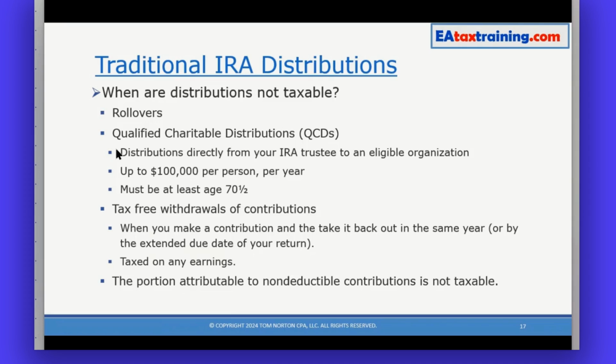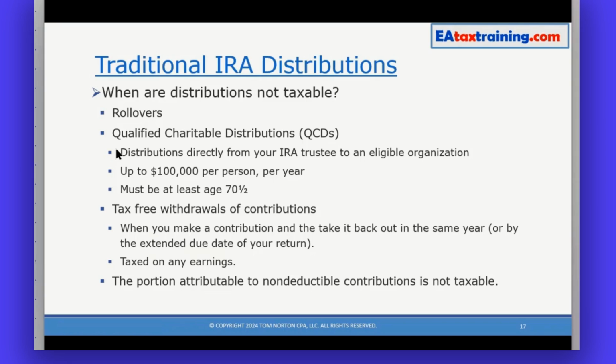So normally what you would do if you didn't have this opportunity and you wanted to give money to a charity, you would take a distribution from your IRA. Of course, you'd have to pay tax on that. Then you could turn around and you could contribute the money to the charitable organization, and you would get an itemized deduction for doing that, as long as you met all of the rules for that itemized deduction.